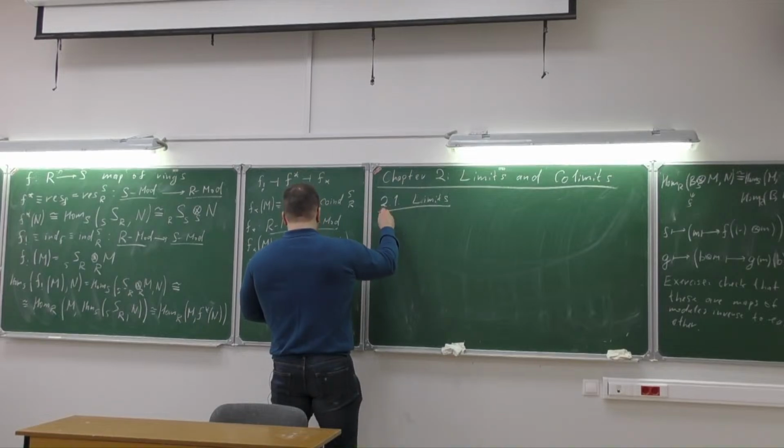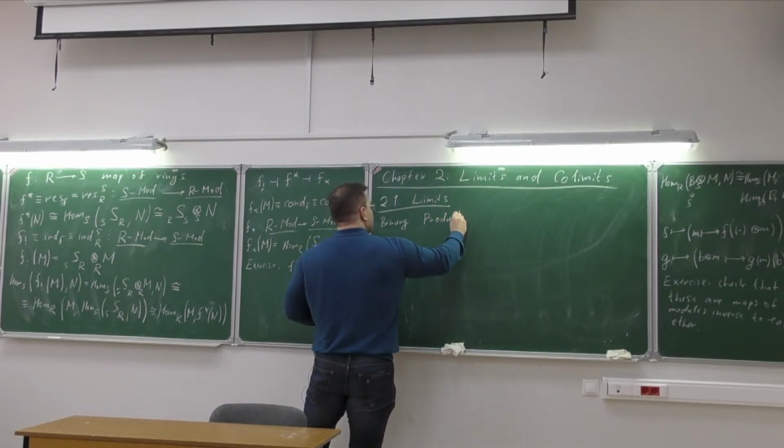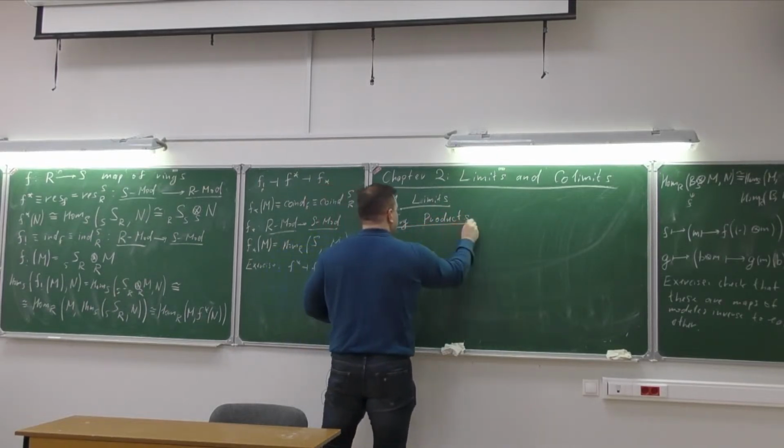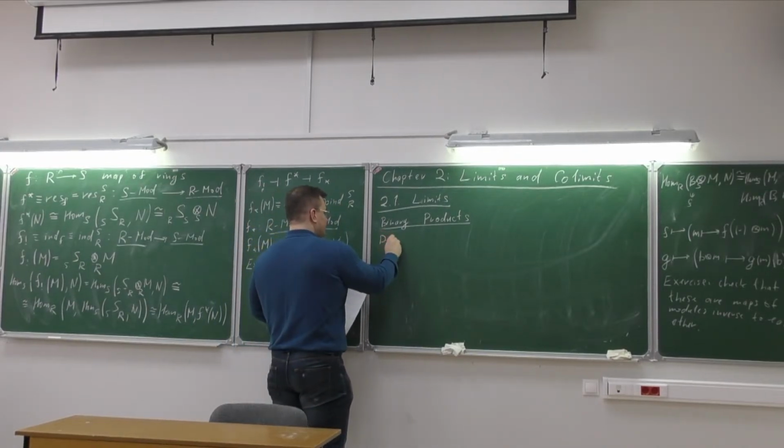So the first situation is the binary products. This is probably the simplest possible example of a limit. So definition.